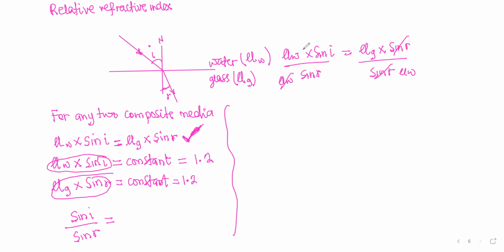So this and this will cancel. So I have sine I over sine R equal to mu G over mu W.